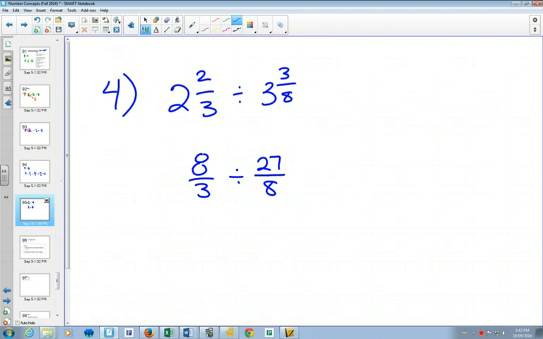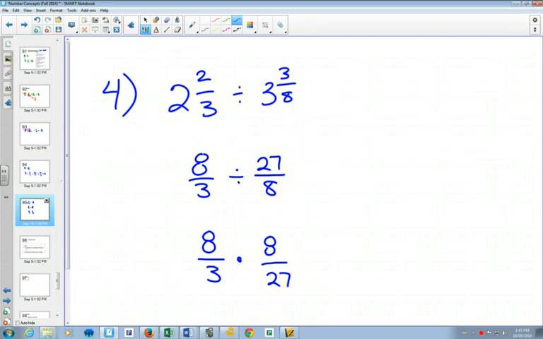Now we have one fraction divided by a fraction. So what we do is we flip the second one and multiply. Now we got a big number in there. The 27, that's a big number. Whenever I get big numbers, I'm going to check if I can simplify anything.